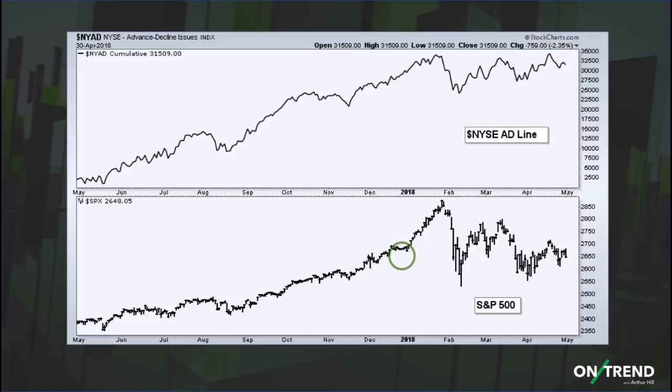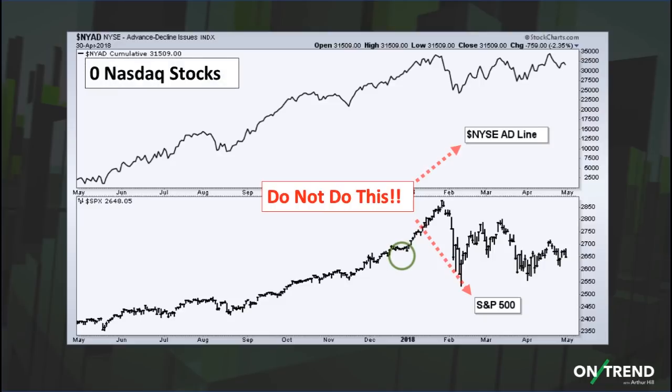Now, before starting with this, I want to show you something that I think we should not be doing. We should not be charting the S&P 500 with the AD line for the NYSE, because the NYSE is its own animal. The NYSE has zero stocks from the NASDAQ, obviously.